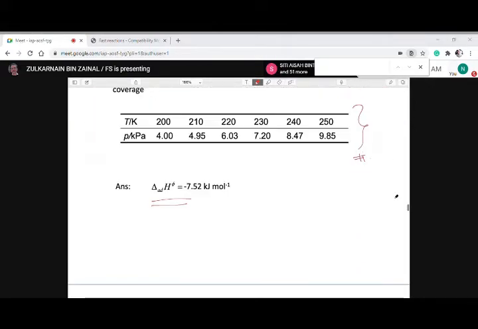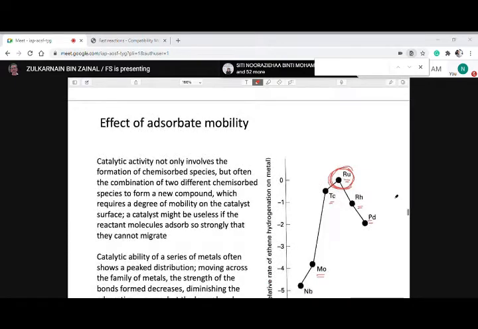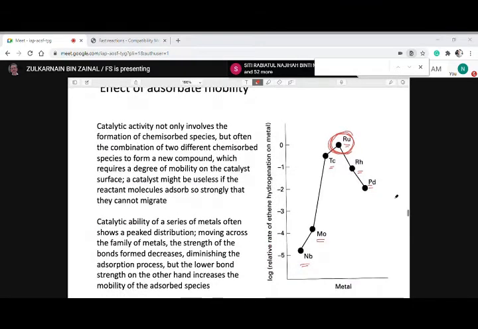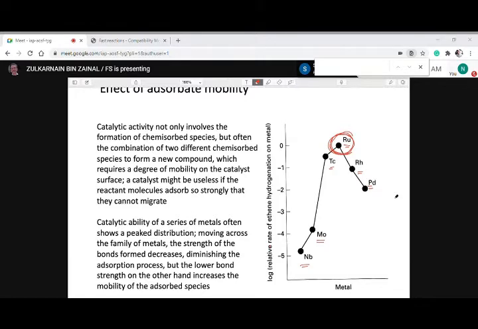And then we move on now to the effect of adsorbate mobility. This is the question of if we have a number of catalysts, which catalyst is the best to use for our reaction.